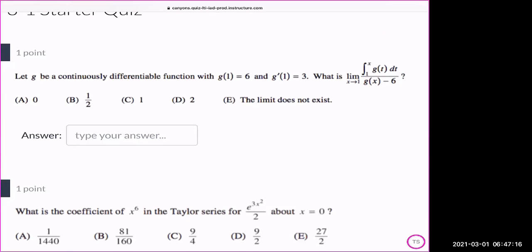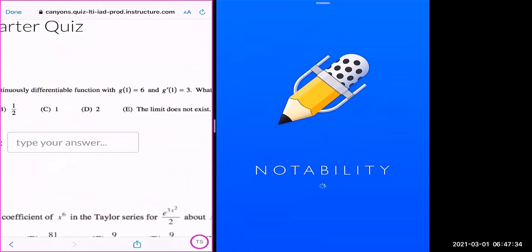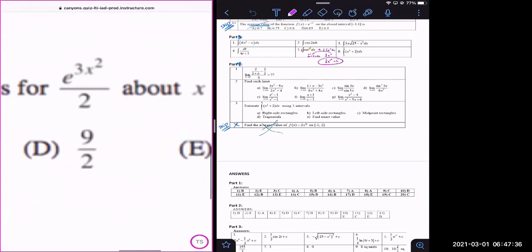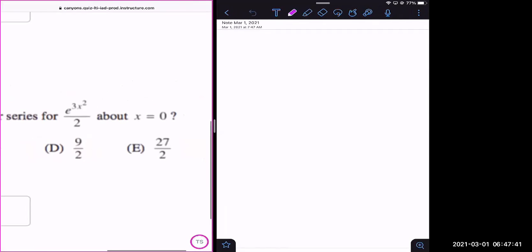Okay, so then on number 2, this answer was C. You guys want to see this one? Let's take a look. Okay, so they want us to find the x to the 6th term of this. It did say it was centered about 0, so we can use a Maclaurin series. I'd write out the e to the x series, which is 1 plus x plus x squared over 2 factorial, x cubed over 3 factorial.